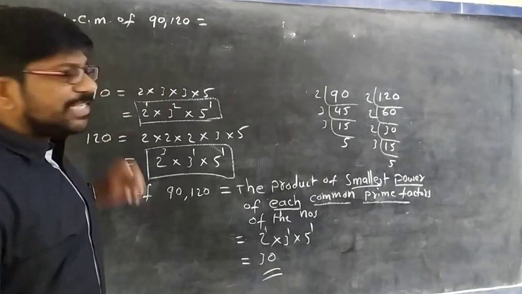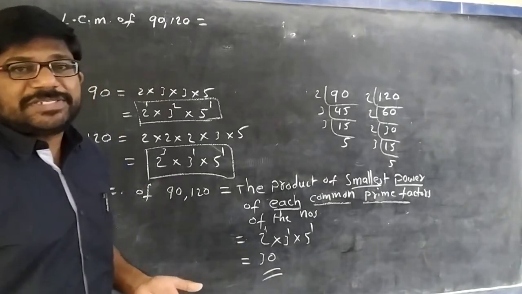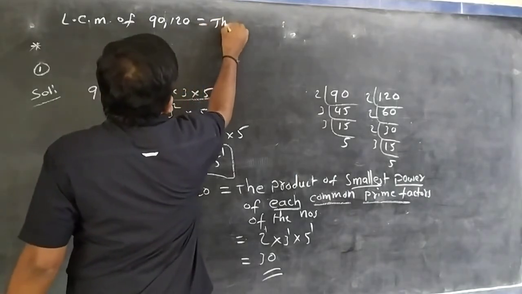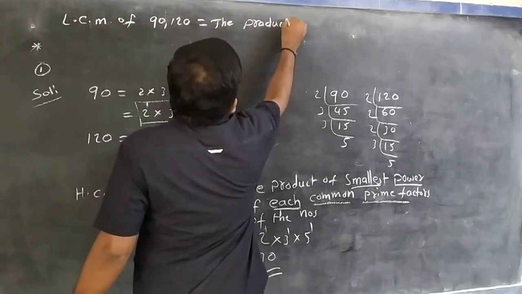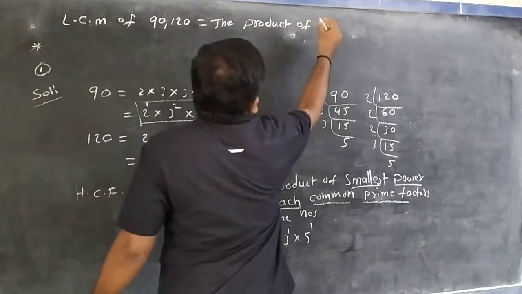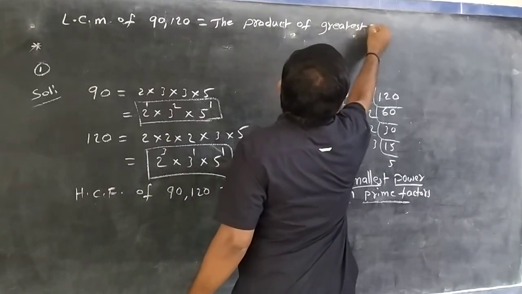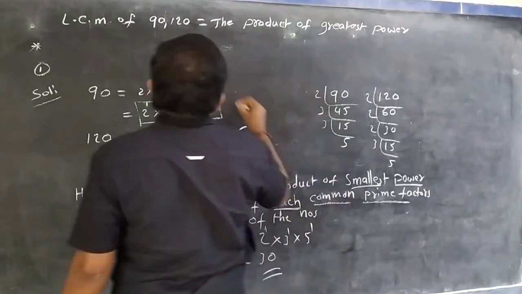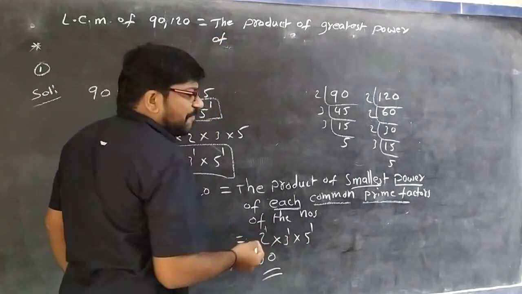But in LCM, it is the product of greatest powers. A small change. The product of greatest power of each prime factor.